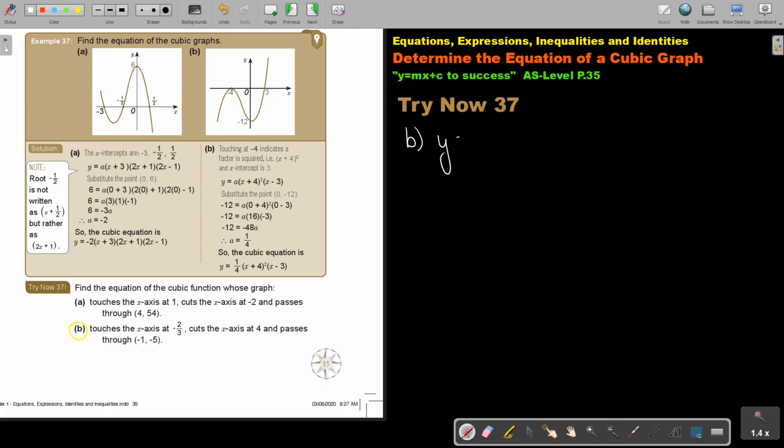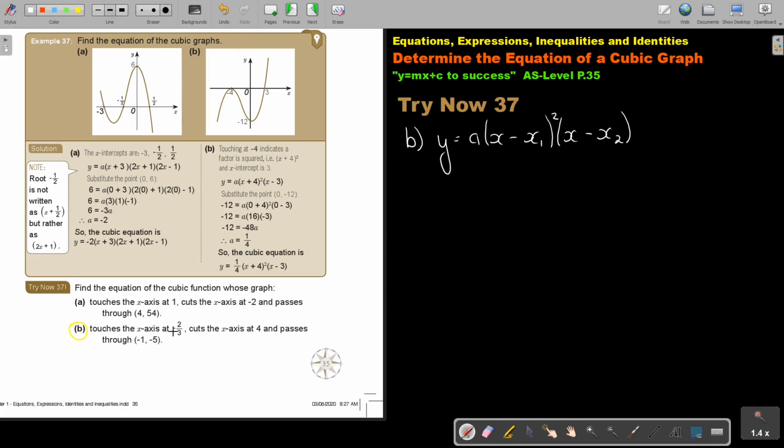So y is equal to a(x minus x1)(x minus x2)(x minus x3). Because it's touching, I can square that and then x minus x2. I think this will also work.